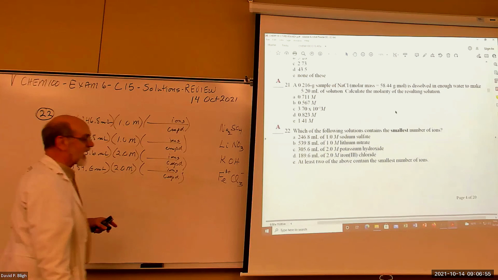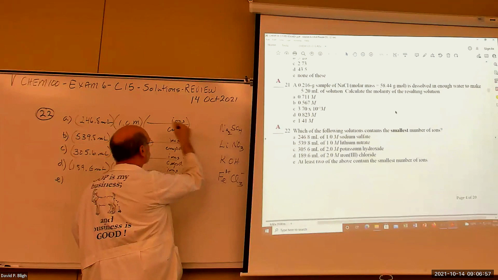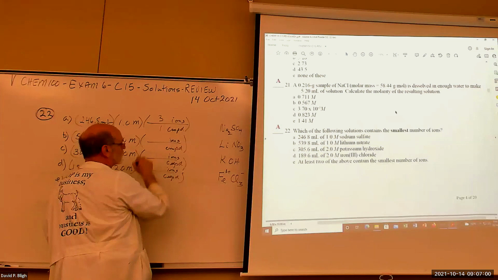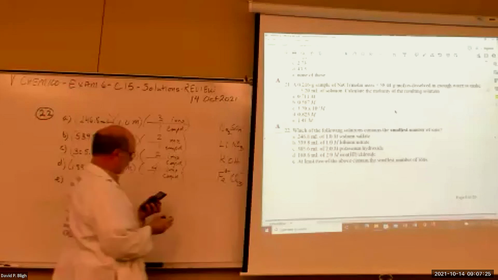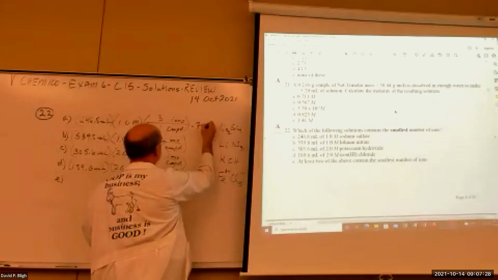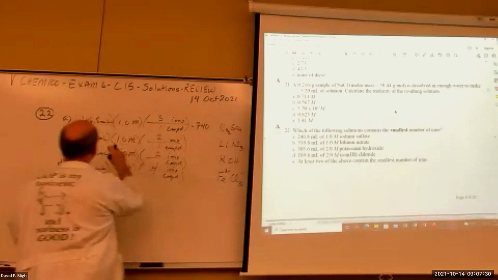So now we can count the ions. This one has 1, 2, 3. This one has 2. This one has 2. This one has 4. Okay. Now we can solve our equation. So 246.8 plus 1 times 3 is 740. Right? 1.